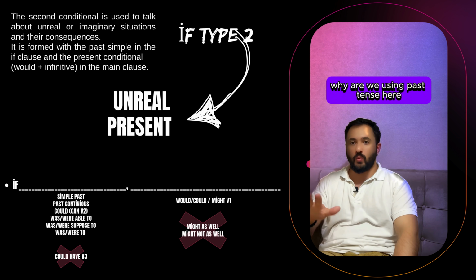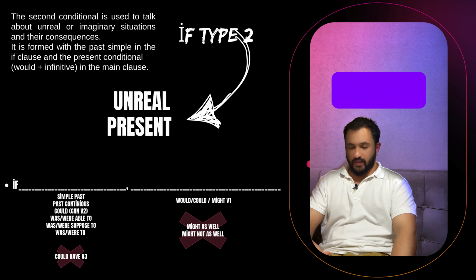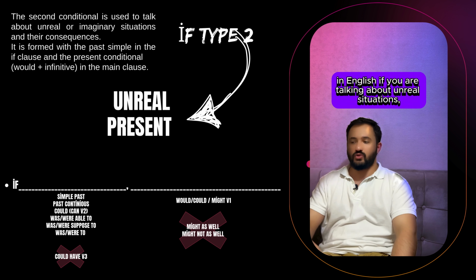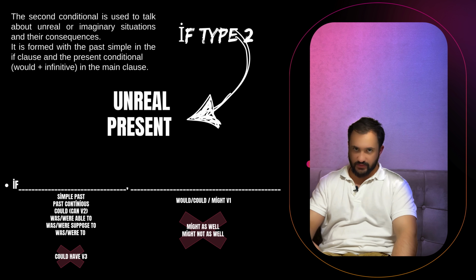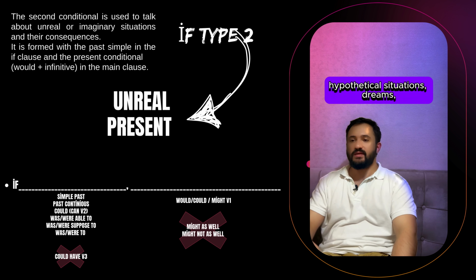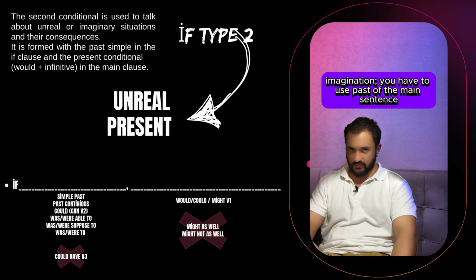Why are we using past tense here? The reason is so simple. In English, if you are talking about unreal situations, hypothetical situations, dreams, imagination, you have to use past.